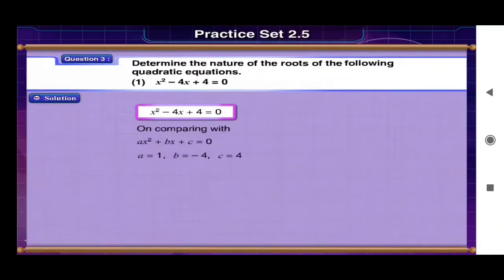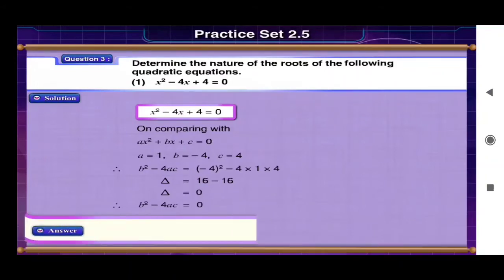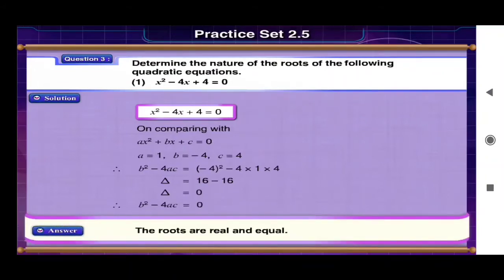Therefore, b square minus 4ac is equal to minus 4 square minus 4 into 1 into 4. Therefore, delta is equal to 16 minus 16, which means delta is equal to 0. Therefore, b square minus 4ac is equal to 0. Answer: the roots are real and equal.